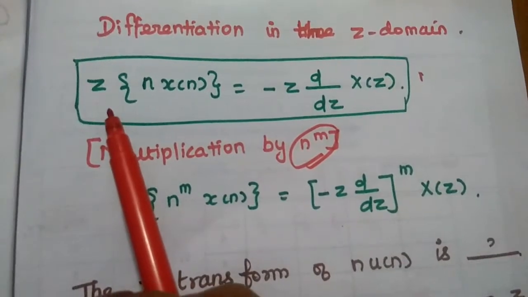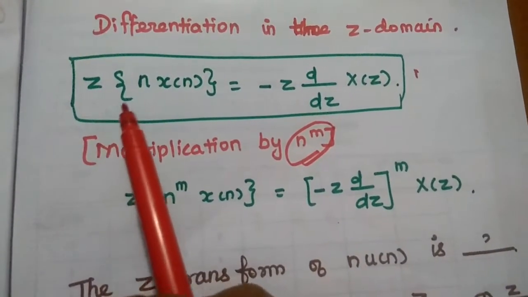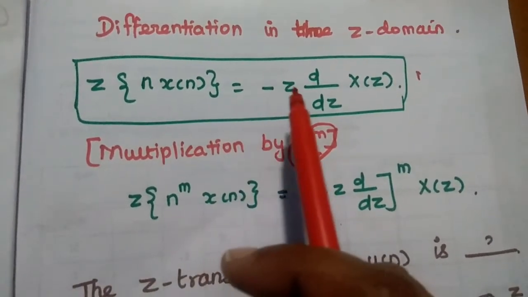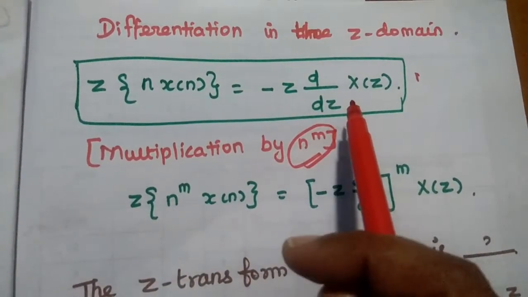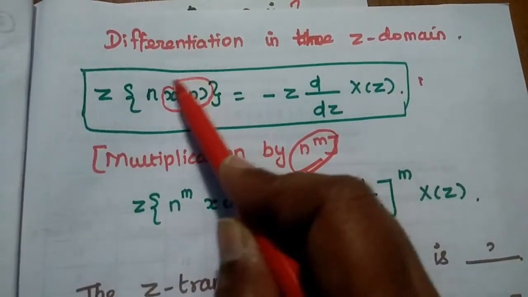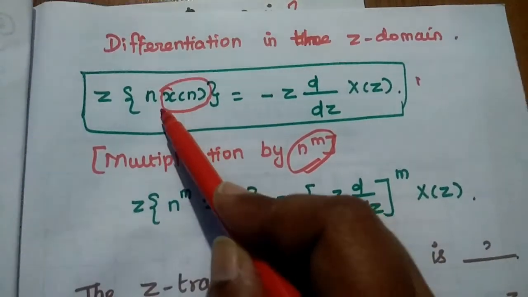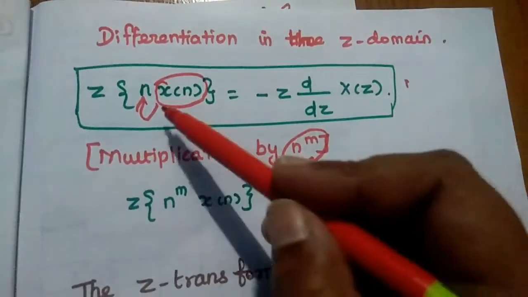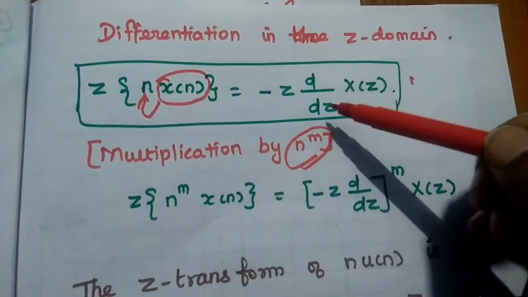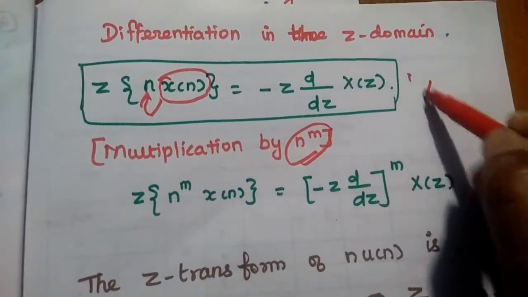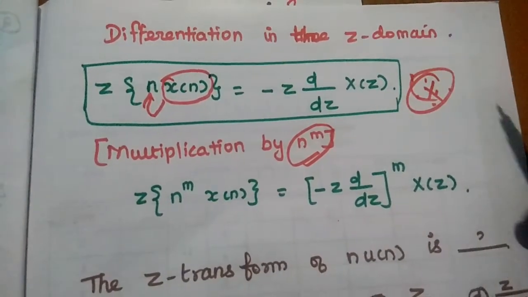So the statement is given like this: Z transform of n into x of n is equal to minus z d by dz of x of z. So if I am going to multiply this input sequence by n power m, here the power is 1, so n into x of n will result in the differentiation in the z domain. So it is a very important property.